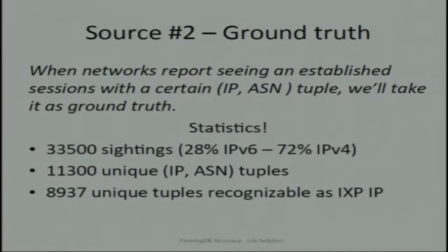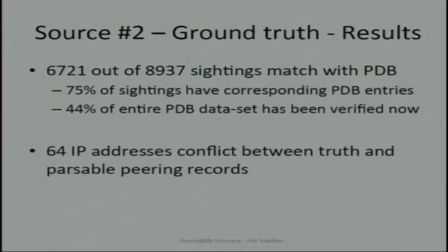So I matched all the sessions against that list of prefixes, and roughly 9,000 unique tuples remained that we could identify as something that was known in the PeeringDB database. 67,000 BGP sightings could immediately be confirmed with the PeeringDB entries. This meant that from all data that was submitted, 75% of it had some corresponding entries in the PeeringDB database.